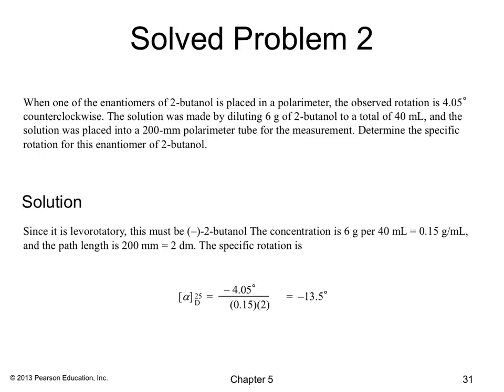Since it's levorotatory, it's going to be negative, right? So the concentration of 6 grams per 40 mL is 0.15 grams per milliliter. For path length, you're going to convert the millimeters into decimeters, so it's 2 decimeters. So the specific rotation is going to be negative 4.05 divided by 0.15 times 2. Here is your answer.